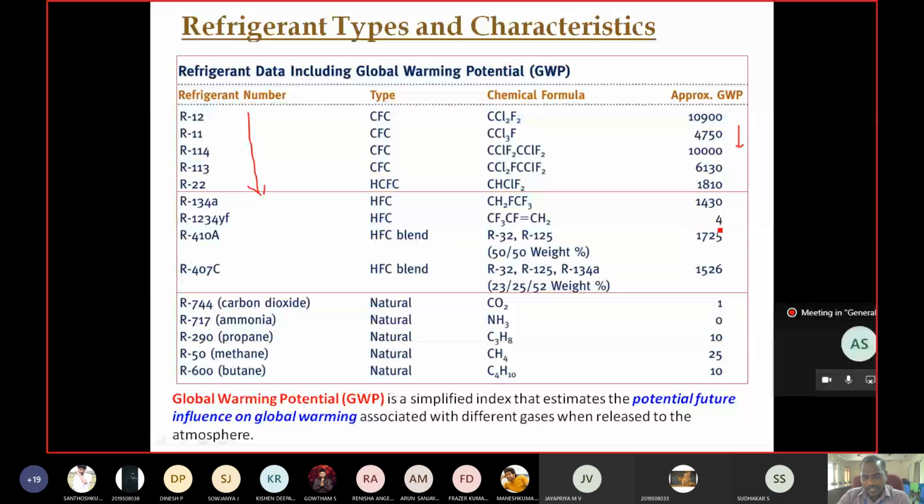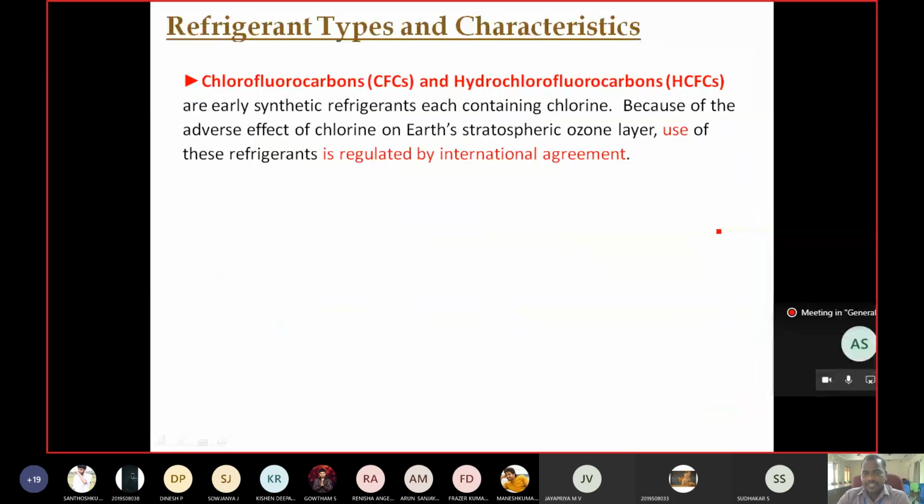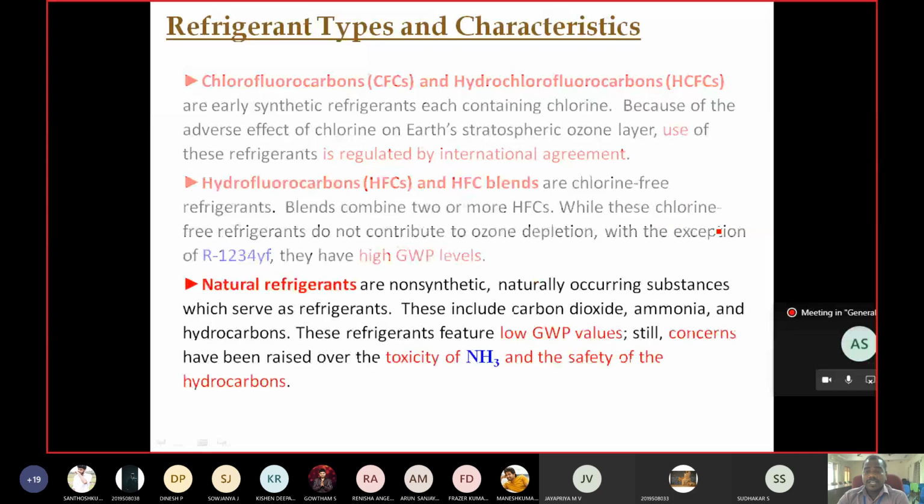Then we have another refrigerant type, natural refrigerants. These are non-synthetic, naturally occurring substances which serve as refrigerants. These include carbon dioxide, ammonia, and hydrocarbons that we know. Normally we will use these natural refrigerants. These refrigerants feature low GWP values.